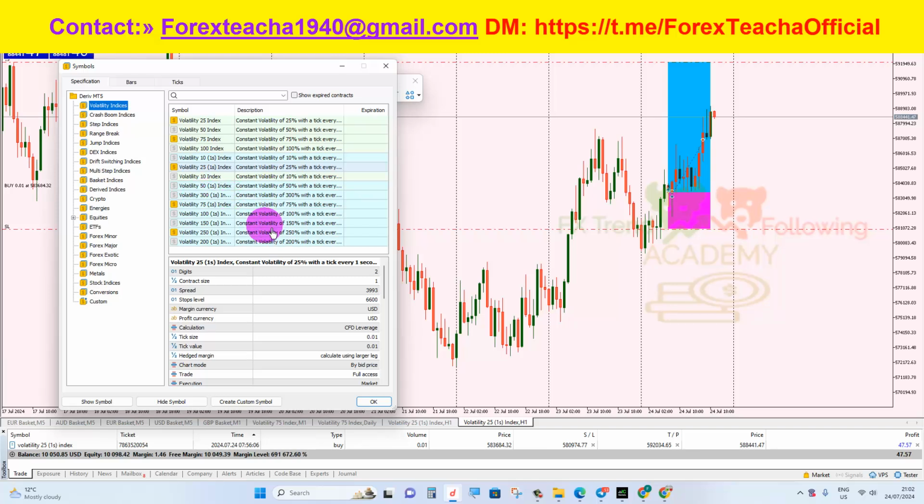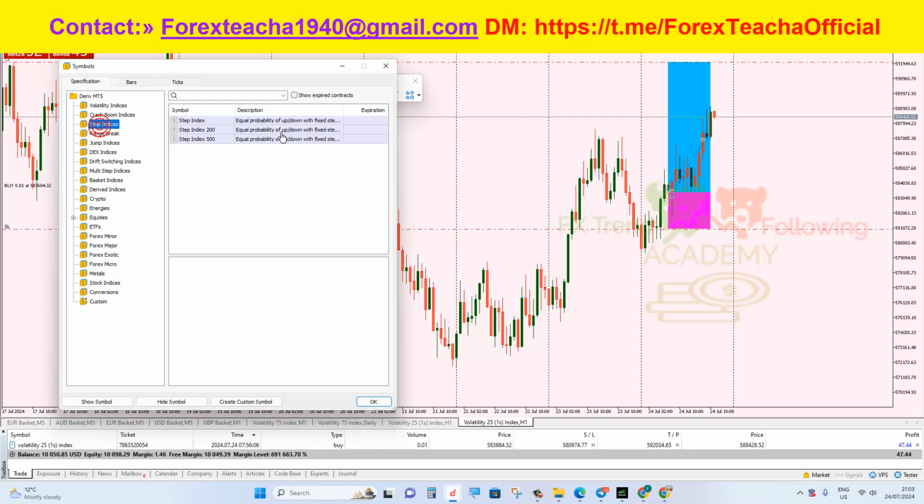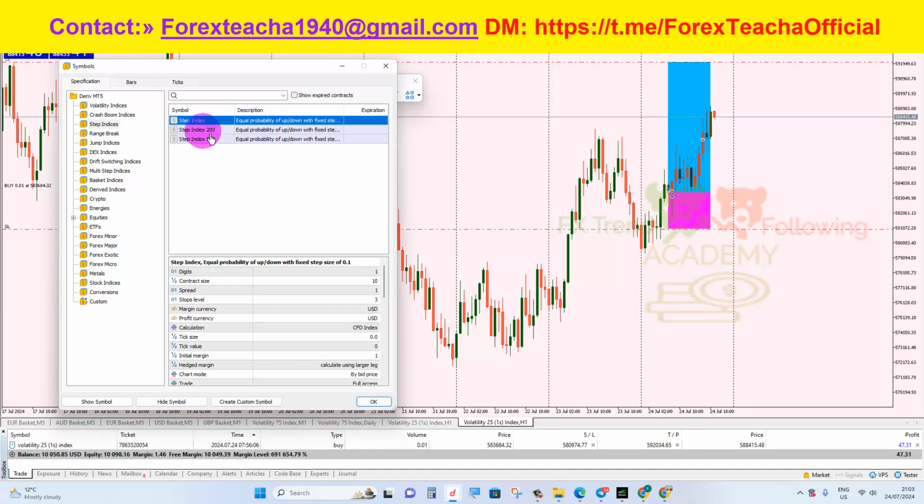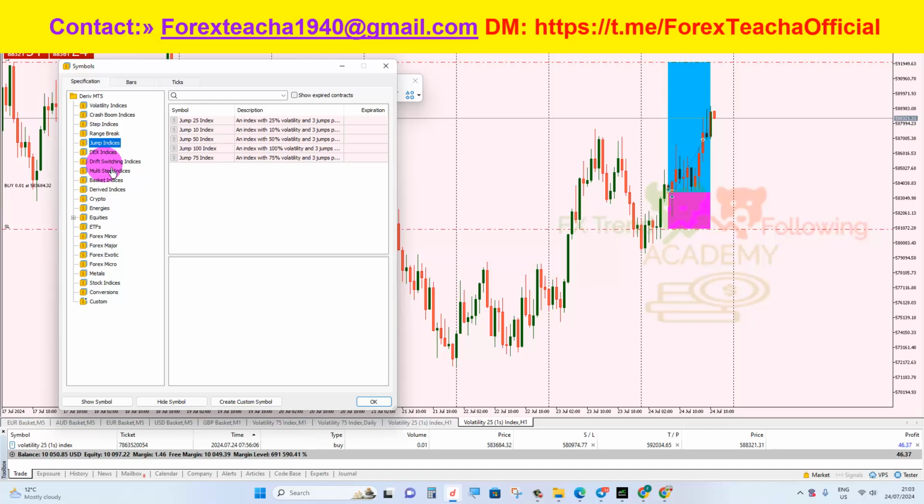So the strategy that I'm going to share with you guys, I cannot mention all these assets, but you will be able to trade volatility index anyhow. From volatility 10 index, 25 index, 50 index, 75 index, the strategy is going to work. You can also trade step indices, which is step index 200, step index 500. You can also trade, I think it should be jump indices as well. You can also use the same strategy to trade even the forex market.